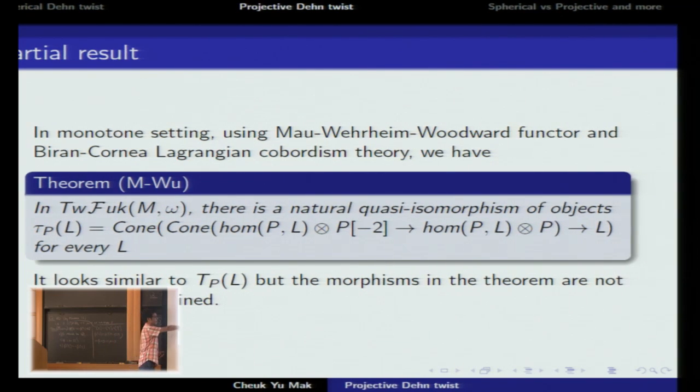Then the formula looks very similar to the projective twist defined purely algebraically. But we cannot actually determine the morphisms, so we cannot prove the results completely.